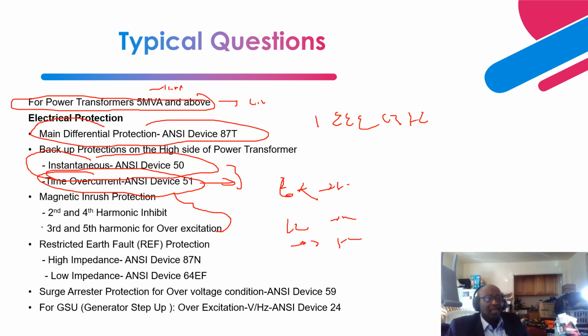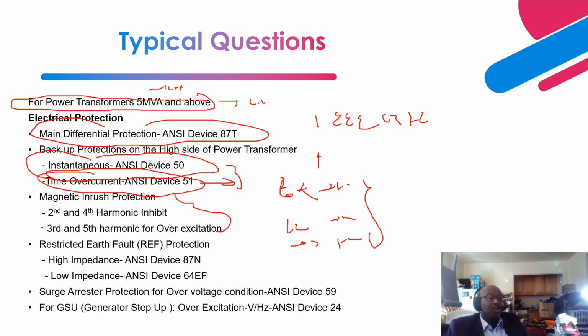So the relay might misinterpret it as a fault current if you don't put in the right protection scheme that is going to distinguish between a magnetic inrush condition and an actual fault, because the distinguishing factor is that a magnetic inrush condition is rich in harmonics, has a high percentage of harmonics compared to true faults, right?